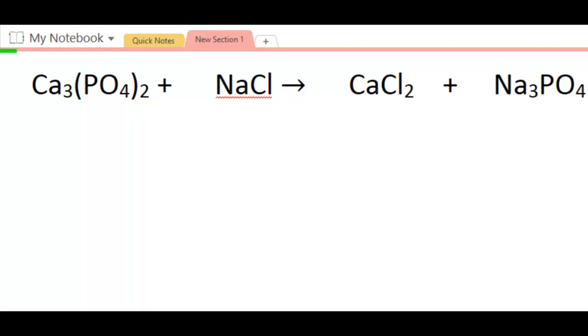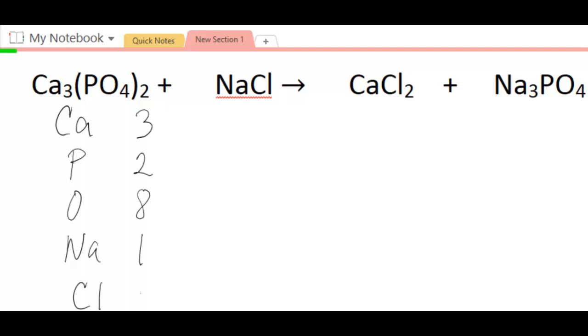So let's do the accounting of all the elements on either side. So on the left-hand side, you have 3 calciums, you have 2 phosphorus, you have 8 oxygens, 1 sodium, and 1 chloride.